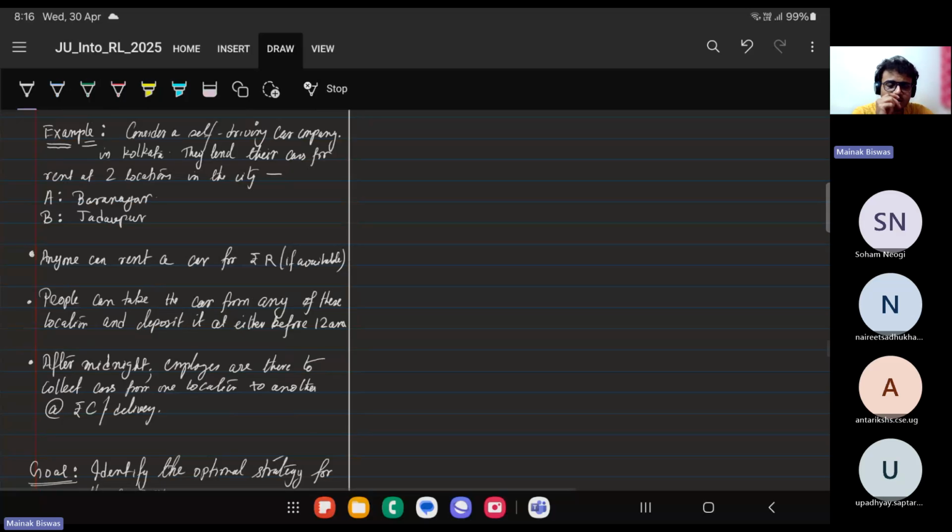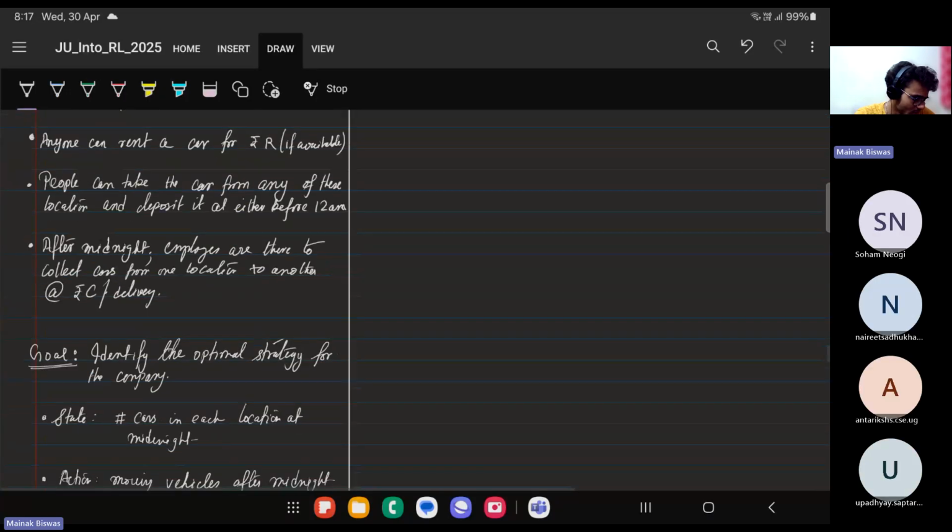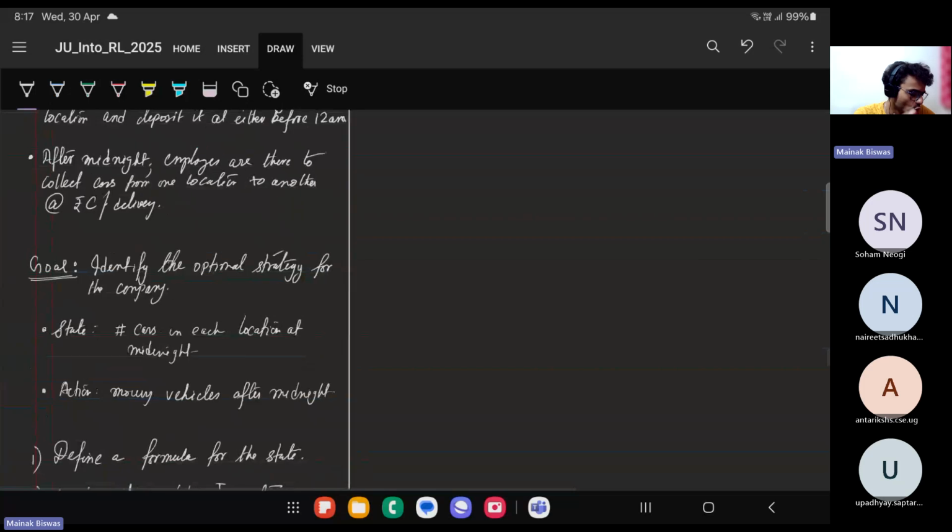Anyone who rents a car pays rupees R per hour, and people can take the car from either location and deposit it at any other location by 12 midnight. After midnight, the employees are told to collect the cars from one location to the other at rupees C per delivery.